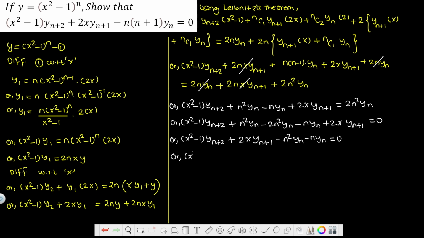Or (x square minus 1) y n+2 plus 2x y n+1. Now take minus n yn common from here, we will get n+1 yn equals 0, which completes our proof. Thank you.